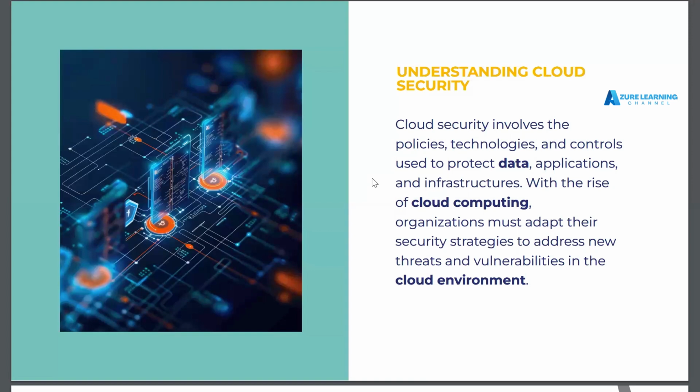Generally, what does cloud security mean? Cloud security means rules and technologies to control all the data, applications, and systems and keep them safe. That's what cloud security is.